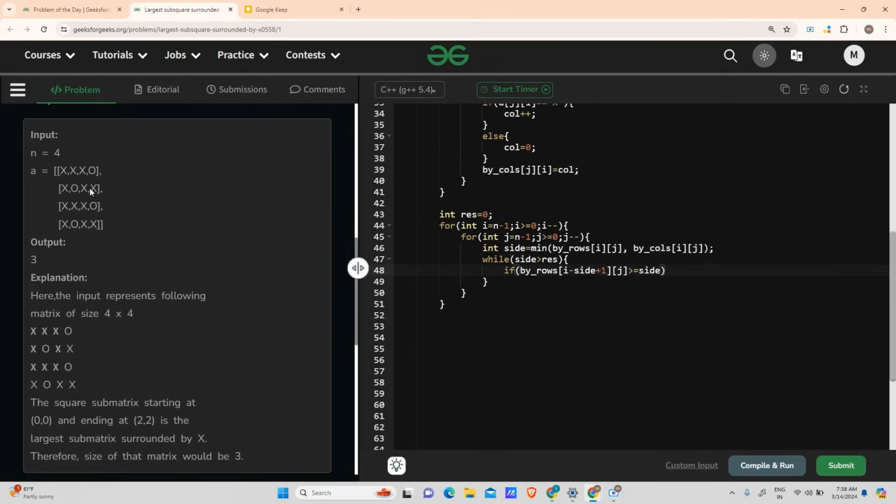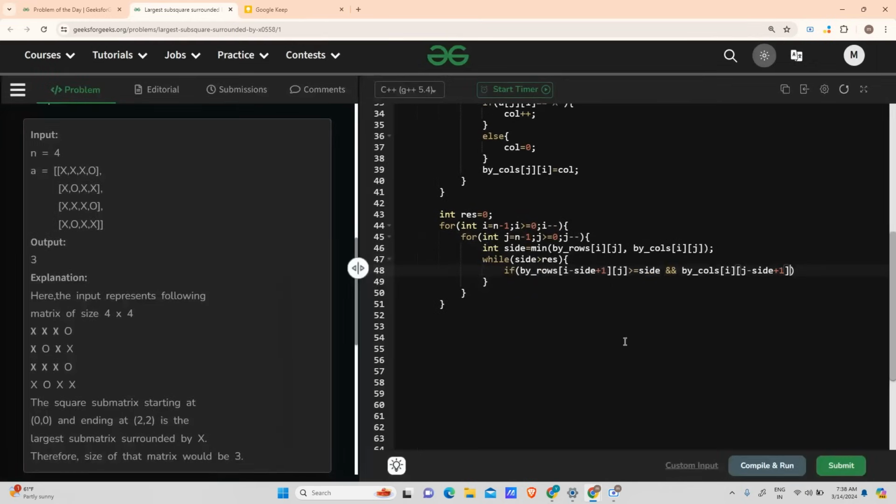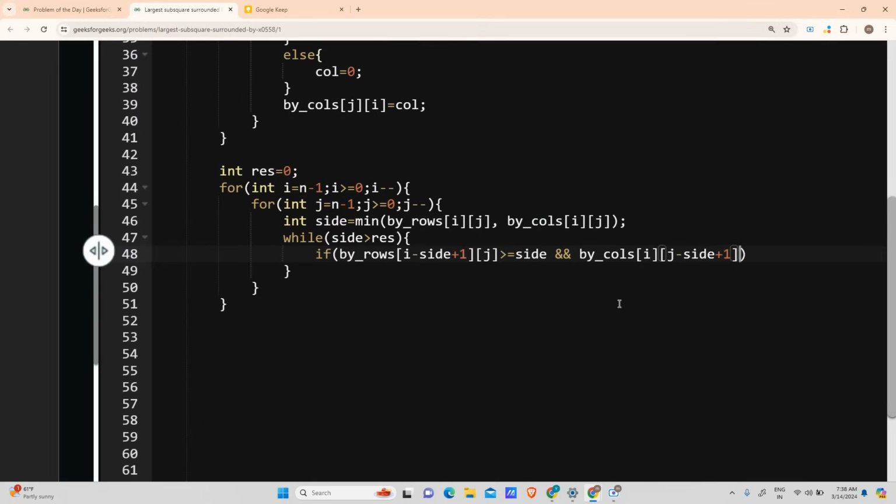Row wise, i minus side plus 1, and I have to check the by rows for it, if you remember correctly. Similarly, if this is greater than equals to side, or if by calls of i and j minus side plus 1, as we go upwards in the case of by rows, we go horizontally in the case of by columns, right? Okay, if it is greater than equals to side, what do we do?